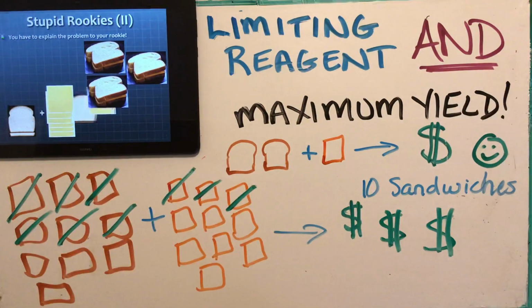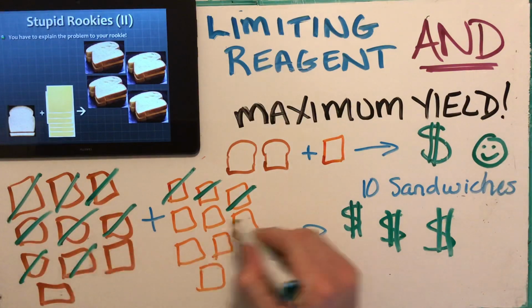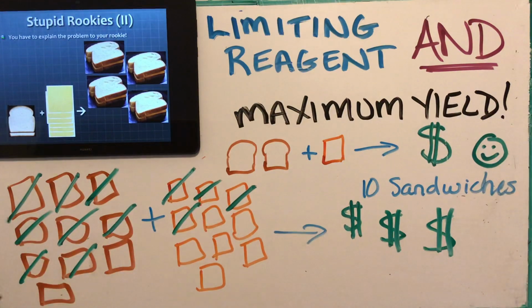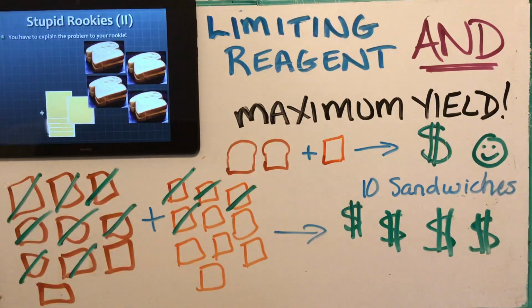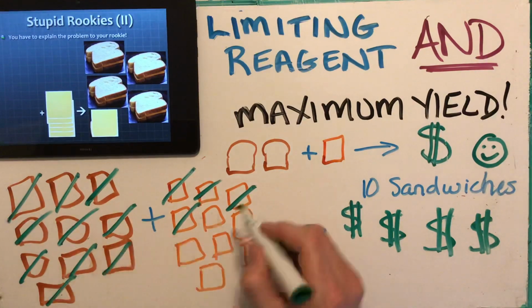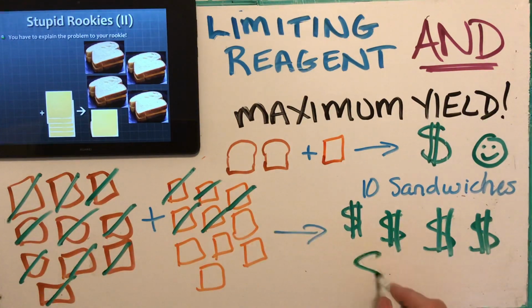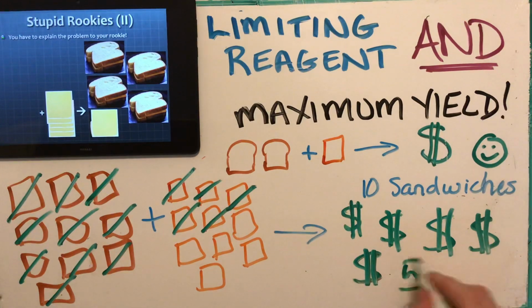A fourth sandwich, 2 bread and a cheese get taken, turned into a sandwich. And then you make that 5th sandwich. 2 bread, 1 cheese, 5th sandwich. Right? So we've got our 5 sandwiches here, but the order was for 10.